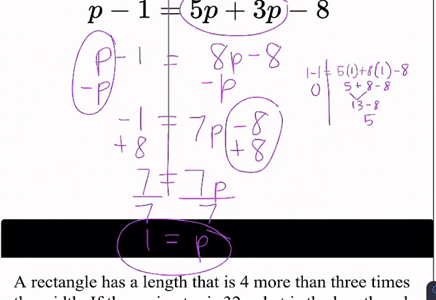Let's see if we can catch our mistake. 7p minus 8 equals negative 1. Add 8 to both sides.